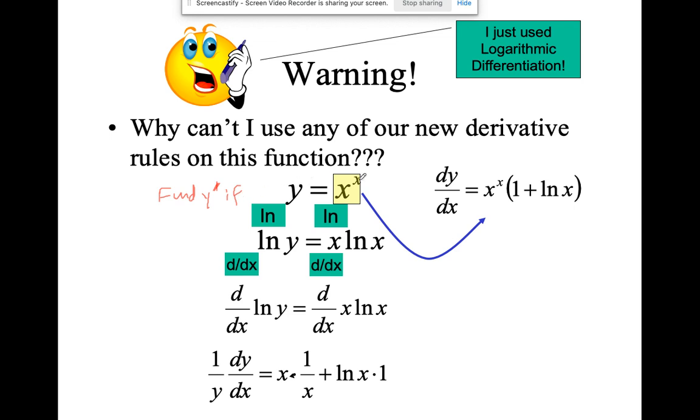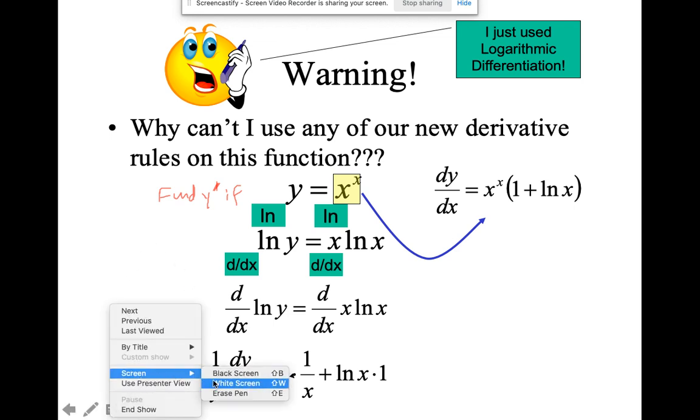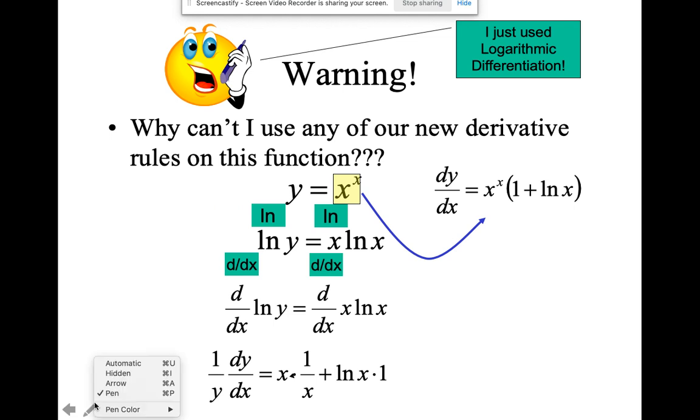Find y prime if y is equal to x to the x. Then step one is crucial. But sometimes the problems will say, use logarithmic differentiation to.